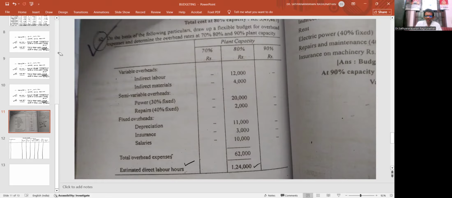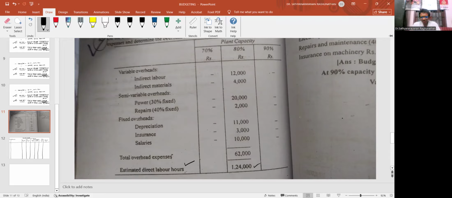Now, for 80% capacity, they have given 1,24,000. That is 80% capacity as a base. We are keeping 80% capacity as a base, and then we are going to calculate the estimated direct labor hours for 70% capacity as well as 90% capacity.